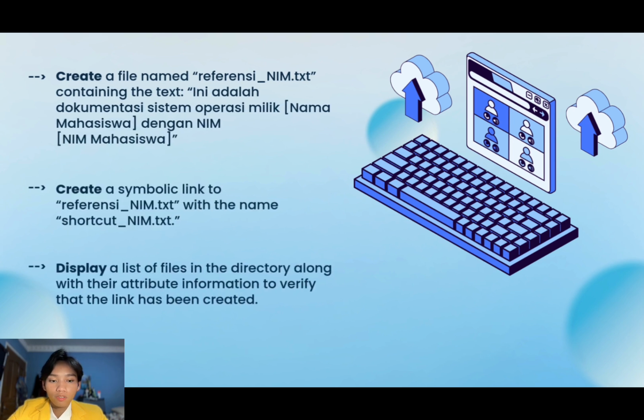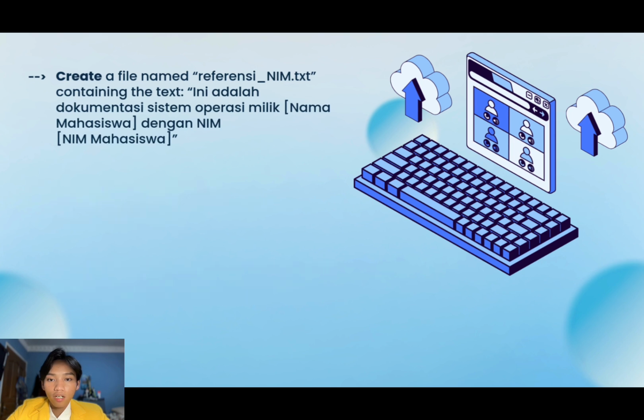Now let's focus on the first task, which is to create a file named reference name text containing the information, in which I'll say ini adalah dokumentasi sistem operasi milik, using our name in this case and my ID.